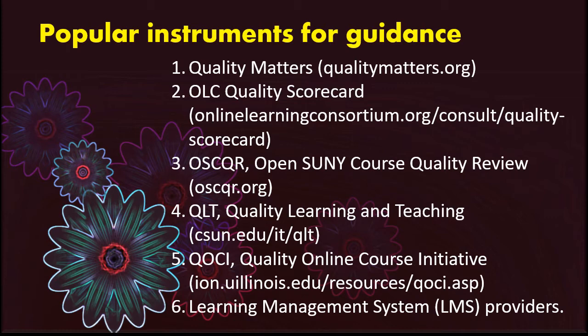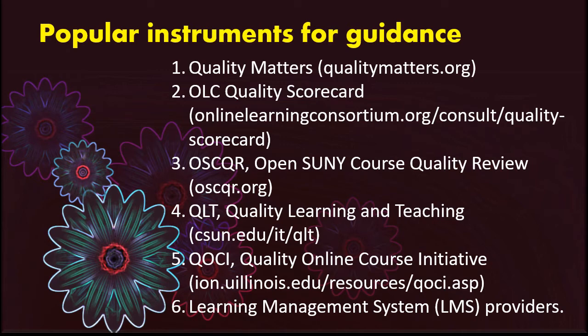These are useful websites that provide quality measures in course evaluation. Number one, Quality Matters at qualitymatters.org, OLC Quality Scorecard, OSCQR from Open SUNY Course Quality Review, and so on.